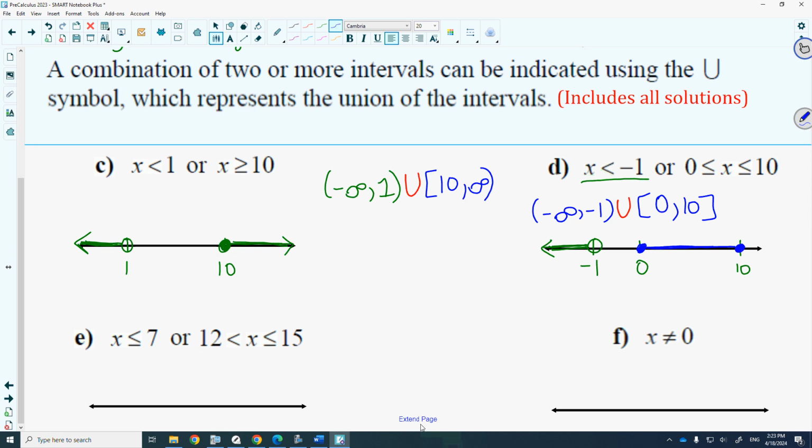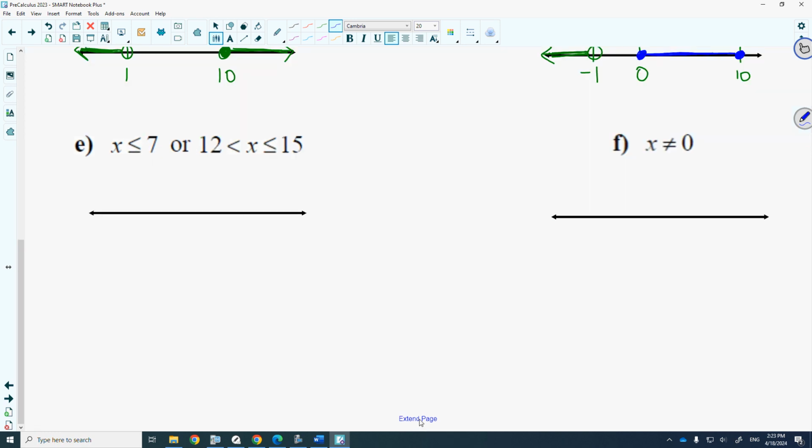All right, try E. Pause the video, try E on your own. So I want 7 on my number line, I want 12, and I want 15. 7 is included and less than 7. Then 15 is included, 12 is not.